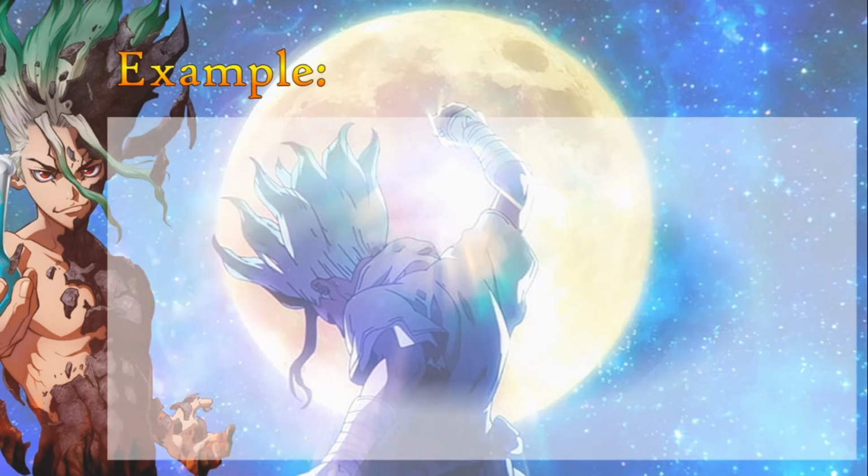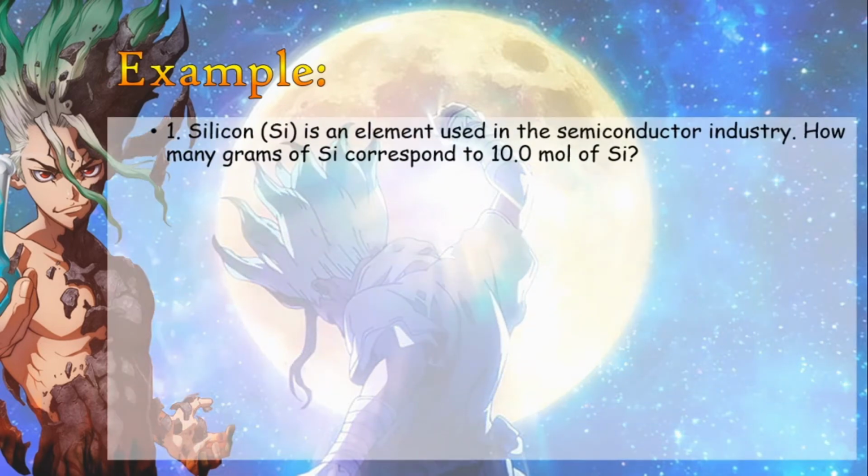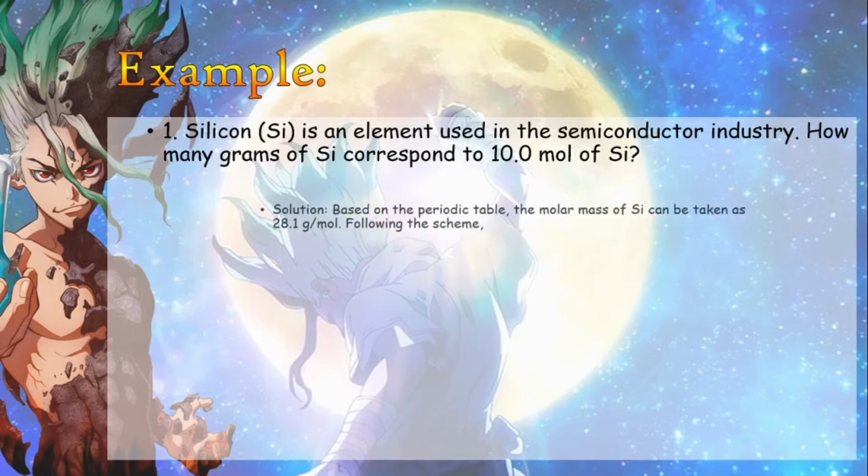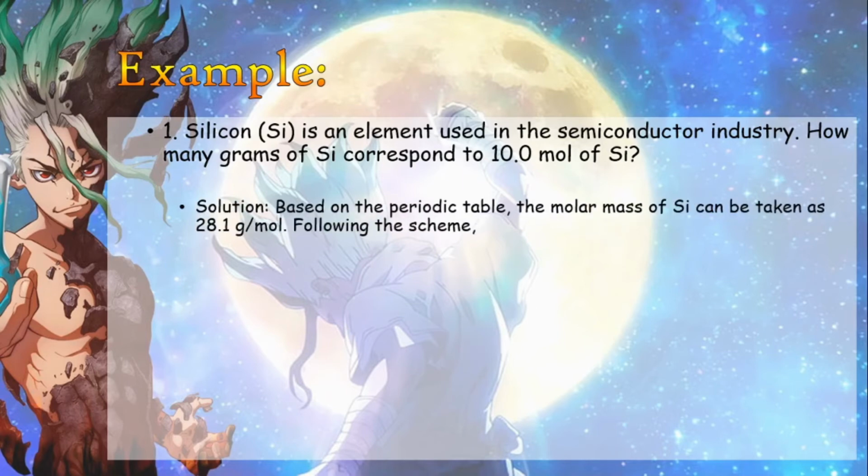Example: Silicon is an element used in the semiconductor industry. How many grams of silicon correspond to 10 moles of silicon? Solution: based on the periodic table, the molar mass of silicon can be taken as 28.1 grams per mole.